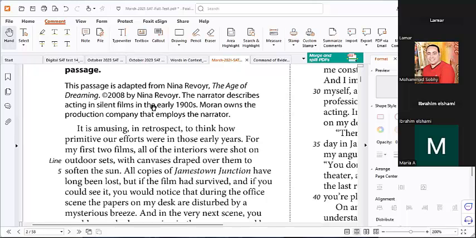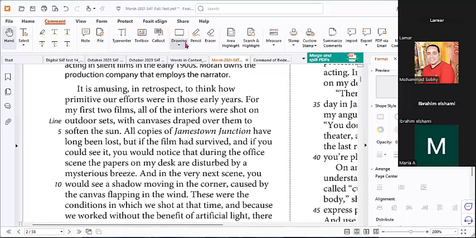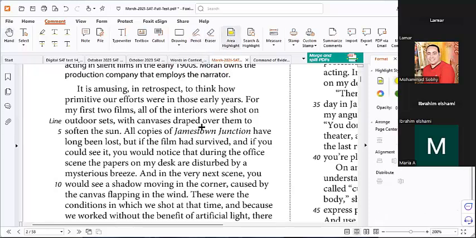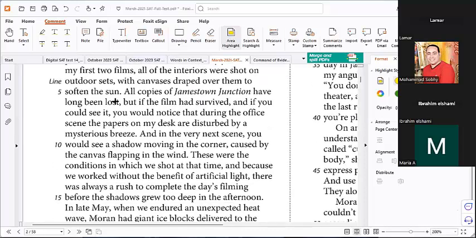It is amusing in retrospect to think how primitive our efforts were in those early years. For my first two films, all of the interiors were shot on outdoor sets with canvases draped over them to soften the sun. All copies of Jamestown Junction have long been lost.